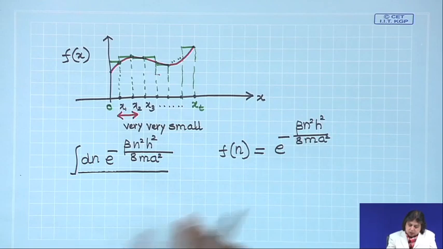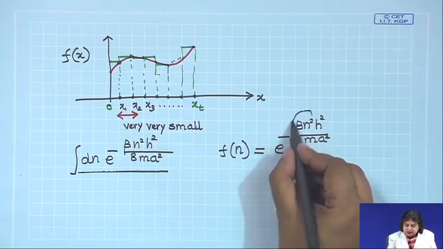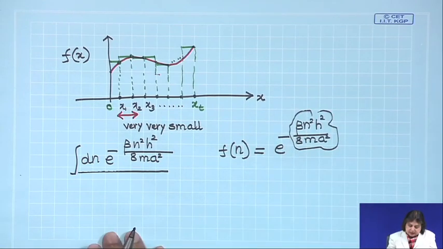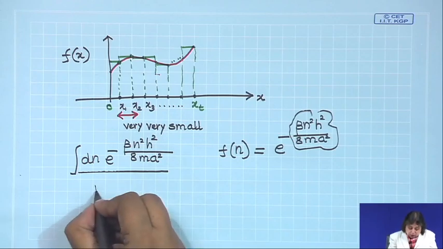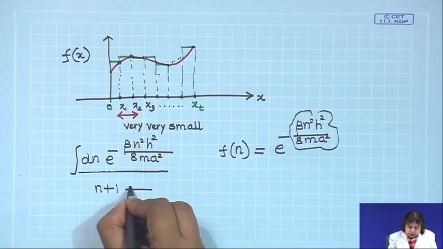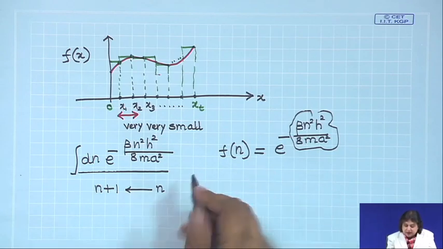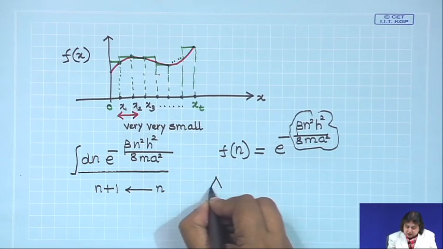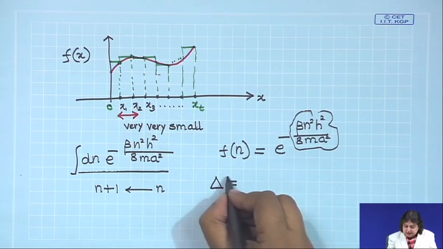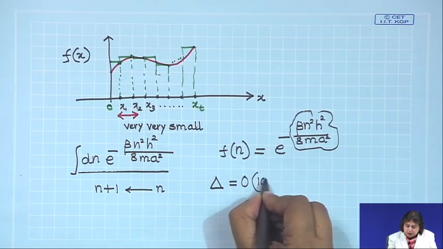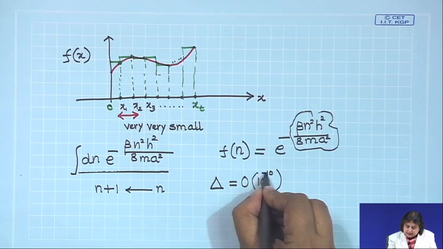Now, in this particular case, n appears with all these numbers, and if you go from n to n plus 1, the change in the value of n, the corresponding functional change is of the order of 10 to the power of minus 10.